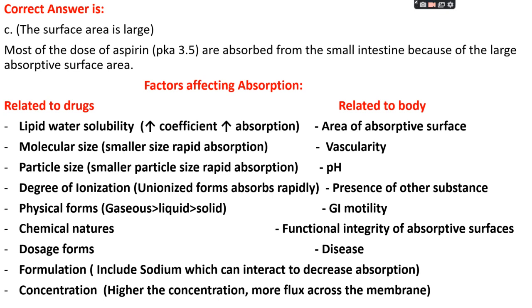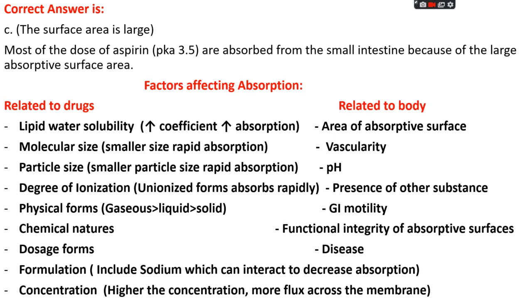These inert substances may hinder or promote absorption. For example, including sodium in the drug can interact to decrease its absorption. Next is concentration: the higher the concentration of the drug, the more flux across the membrane, leading to more absorption.